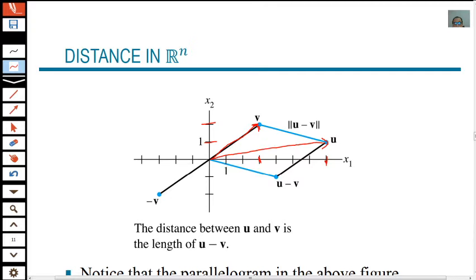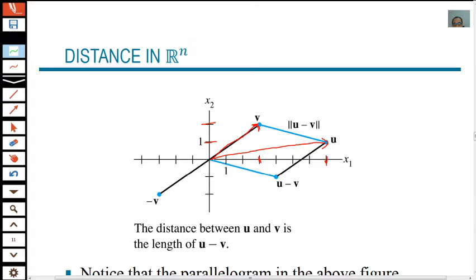To find u minus v, we use the parallelogram rule.